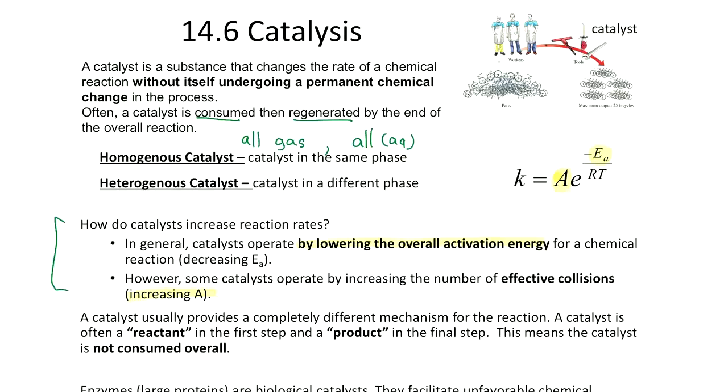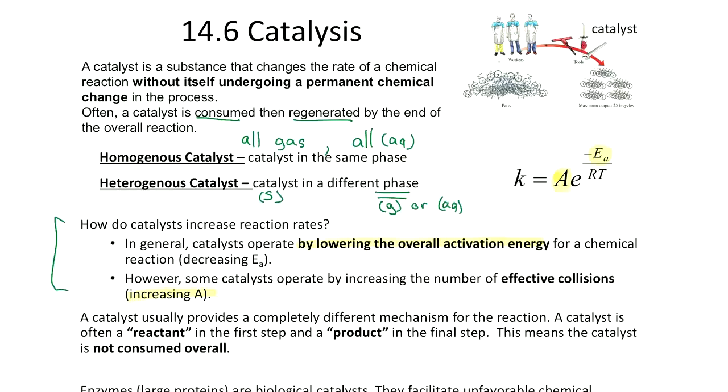Versus heterogeneous catalysts, where usually the catalyst is a solid, and you add it to a reaction that's a different phase. So it could be gases, or it could be aqueous, but you're literally adding a solid into that reaction. And when you have heterogeneous catalysts, you really are dependent on the surface area of that catalyst, all right?